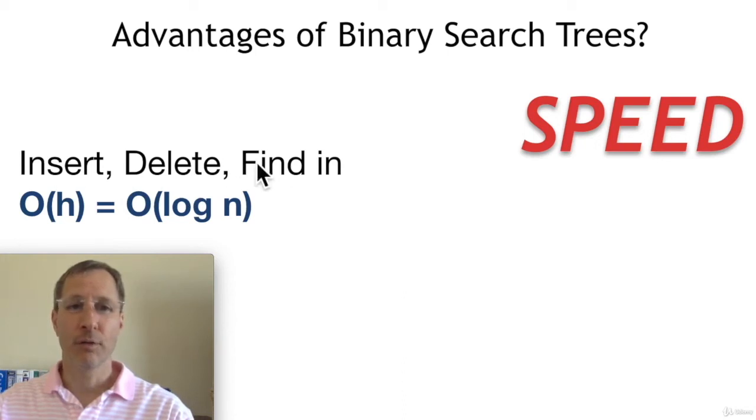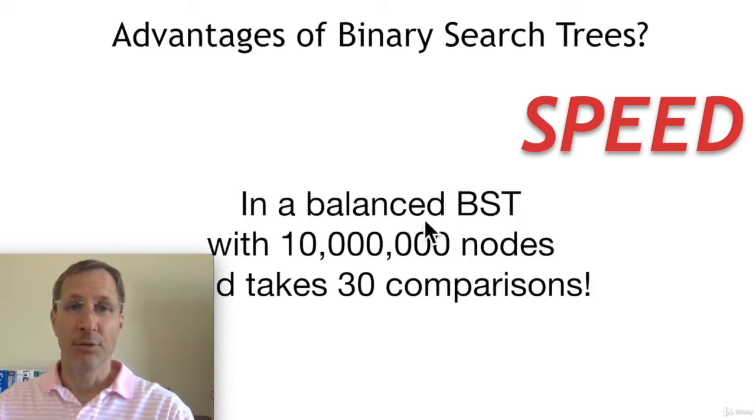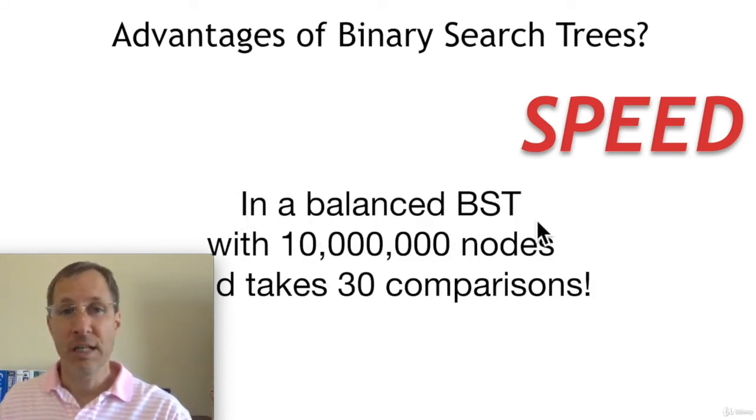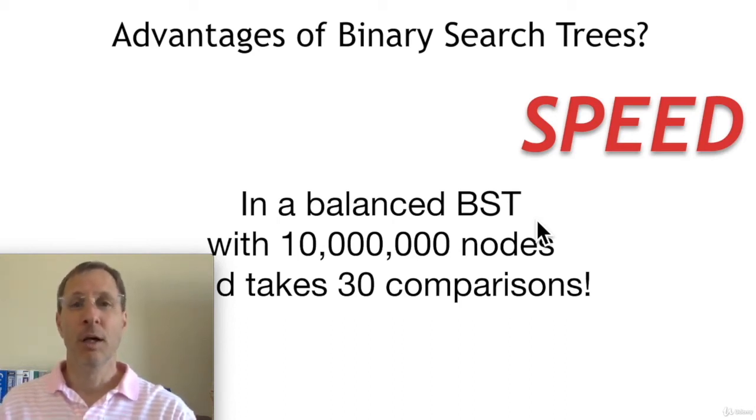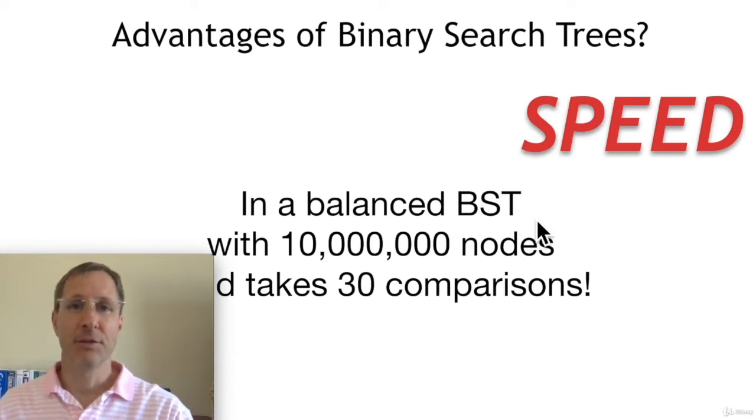So you can do all of these different operations in about the log n of the amount of data you have, which is very fast. So in a balanced binary search tree with 10 million nodes, you can do all of the insert, delete, and find functions in as little as 30 comparisons. That's incredible. So trees are extremely fast.